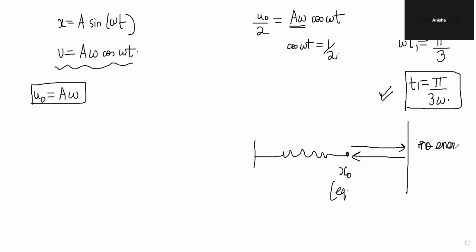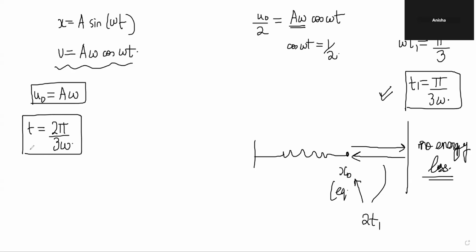So 2t1 is the time at which it will cross this for the first time. So the time would be t equal to 2 pi by 3 omega, at which it will cross it for the first time.